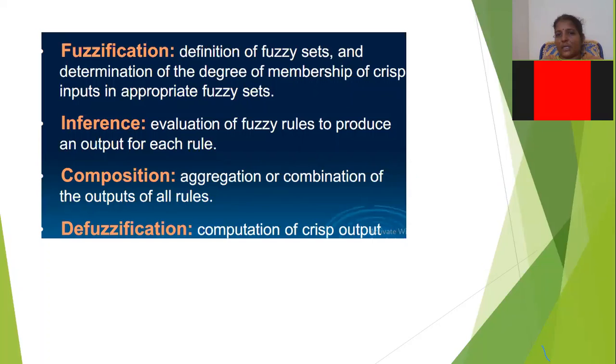Composition is aggregation or combination of outputs of all fuzzy rules. Defuzzification is computation of the crisp output. So these are the main four steps involved in fuzzy logic systems.